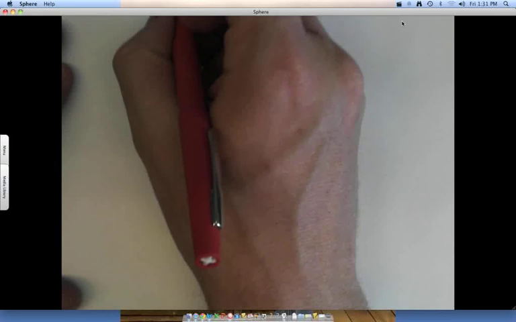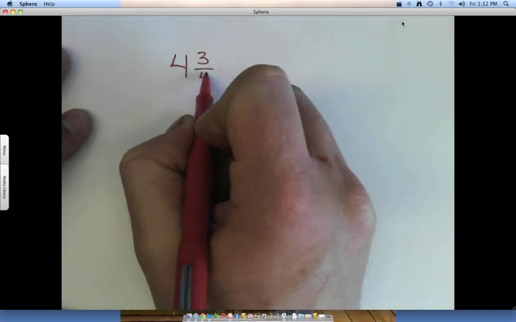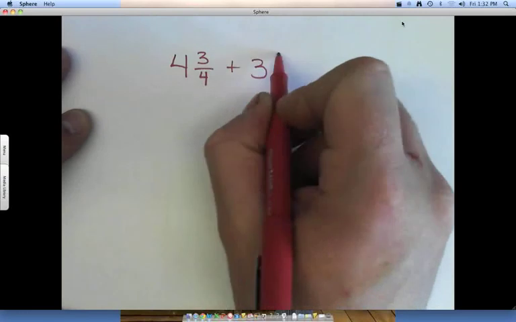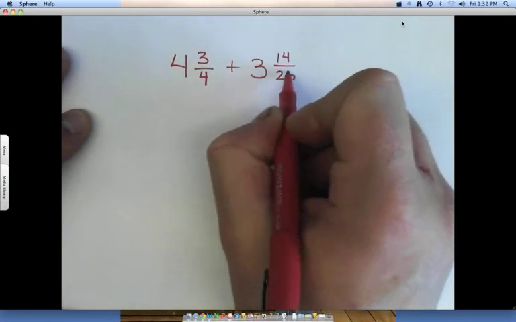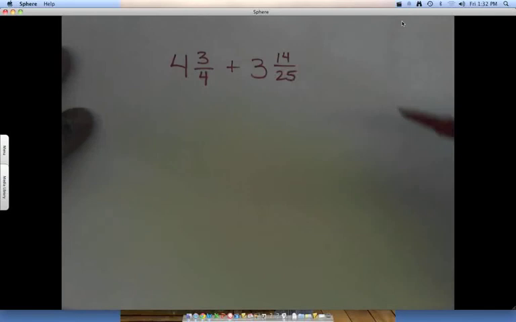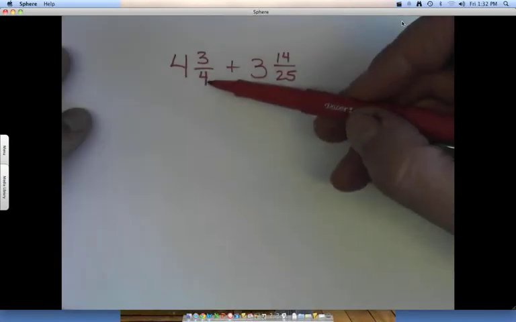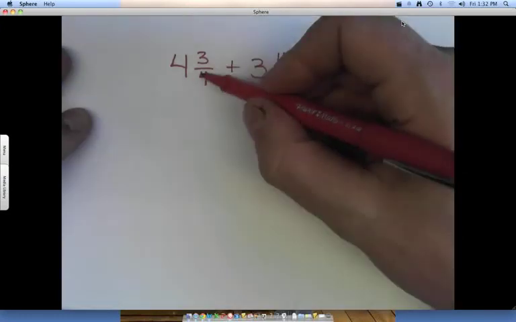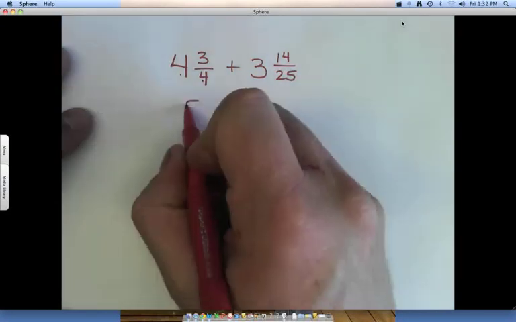A couple more examples here. Let's have 4 3/4, and I'm going to add 3 14/25. Look at your denominator, 4. Half of 4 is 2. 3 is larger than 2, so this is going to round my 4 up to 5.